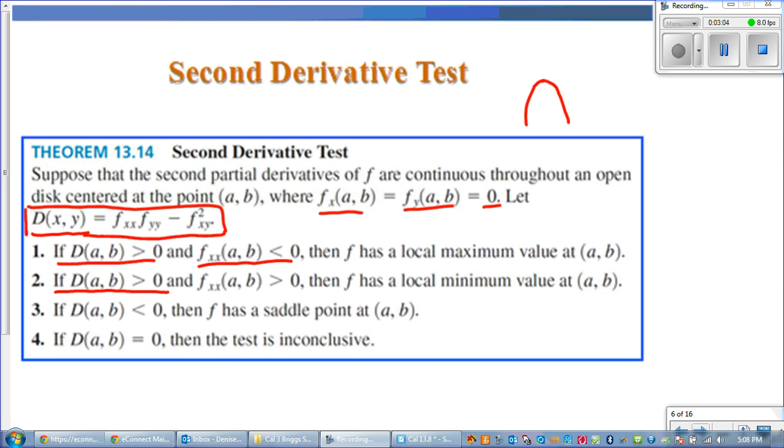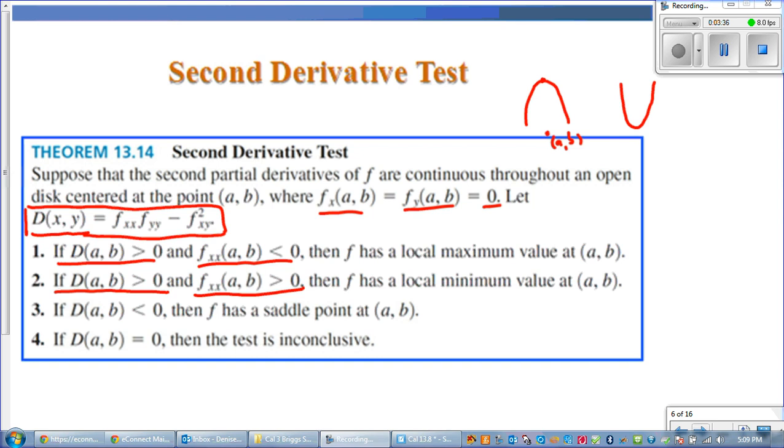So what happens when you have a point and the surface has that concavity downward in the x direction? Then you've got a local maximum. Likewise, if the discriminant was positive and that second derivative was positive, then in the x direction the curve would be concave upward.